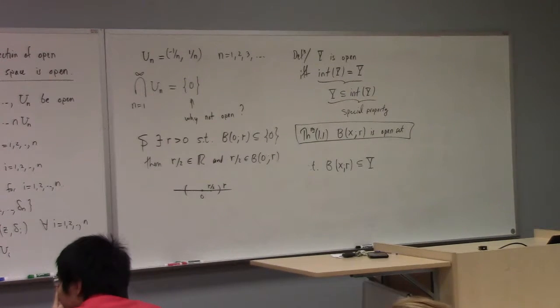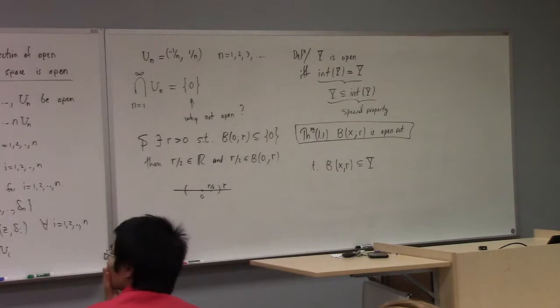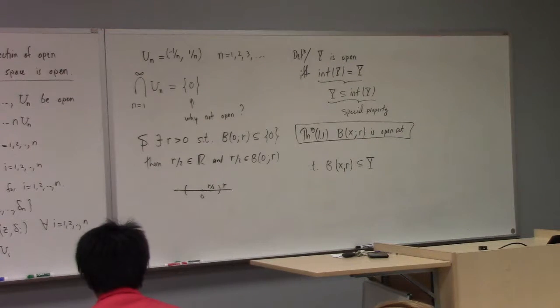Then U is open in Y if and only if there exists an open V, a subset of X, such that U is equal to V intersect with Y, which is theorem 1.6.